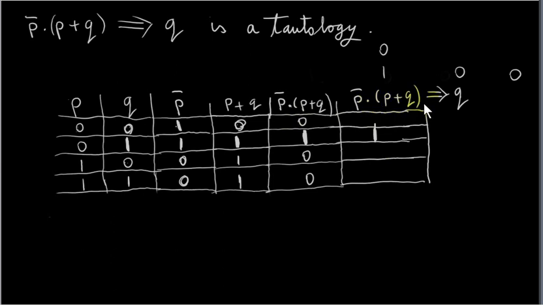So when the left hand side of the implication statement is 0, it doesn't matter what q is, then the entire statement is true. So we don't have a false value here. So we've all true values, all ones in this column, which shows that our statement is a tautology.